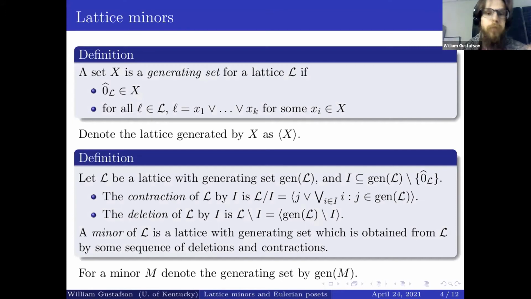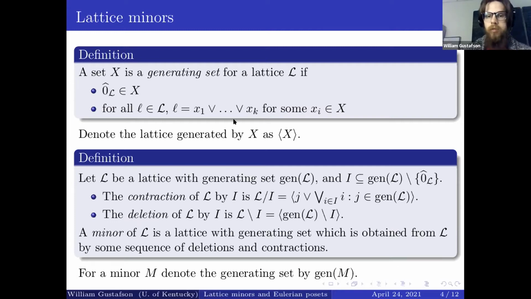Now for the deletion and contraction, this is actually going to be defined on something with a little bit more structure than a lattice: a lattice with a generating set. When I say generating set, I mean a set which contains the minimal element of the lattice, and also generates everything via joins.